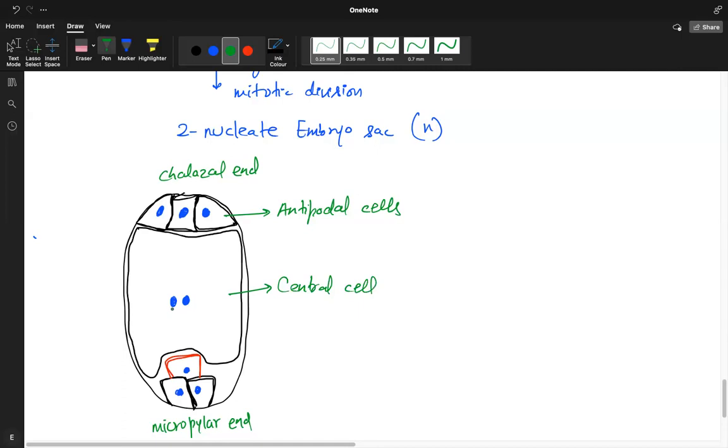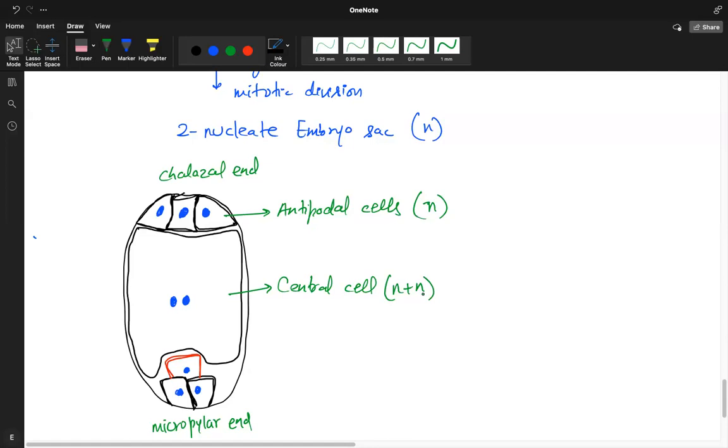Now, if they ask you the ploidy of the central cell, you should not write 2n. The ploidy of the central cell is n plus n. There is a difference in saying 2n and saying n plus n. So all 3 are n here. The central cell is n plus n. Do you understand the difference between 2n and n plus n?